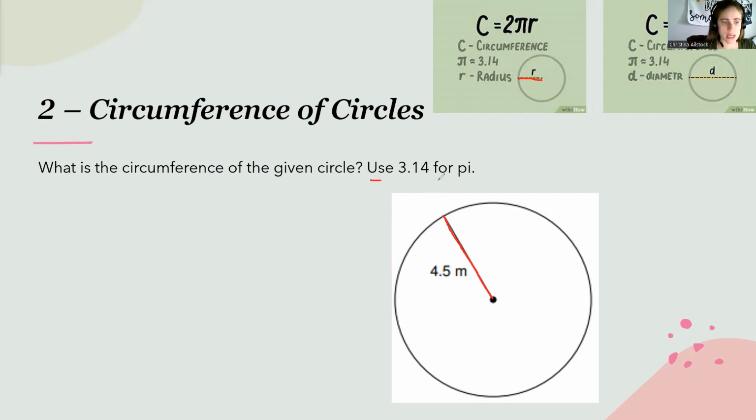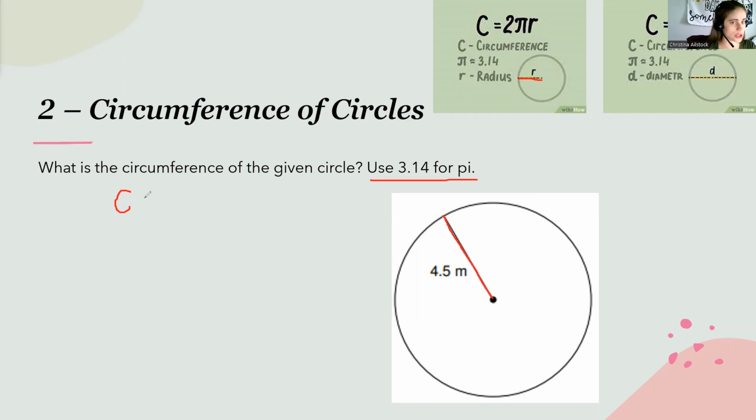And our directions tell us to use 3.14 for pi. Always pay attention to that, because sometimes you'll use that for pi, other times you'll be asked to give the exact answer, and you just need to leave it as the symbol for pi instead. So always read those directions carefully.